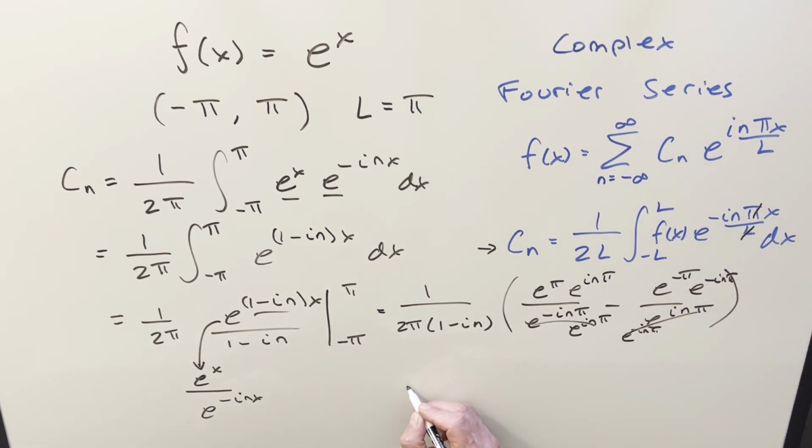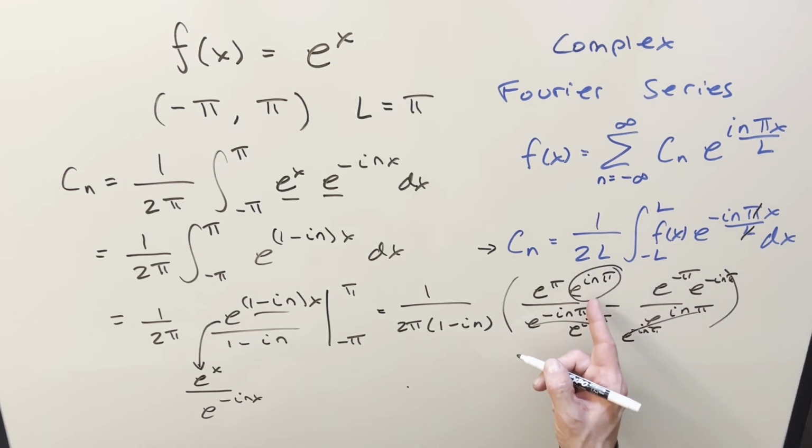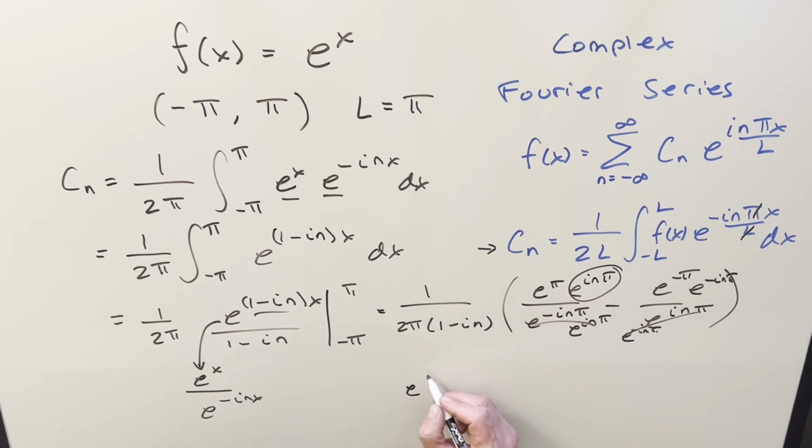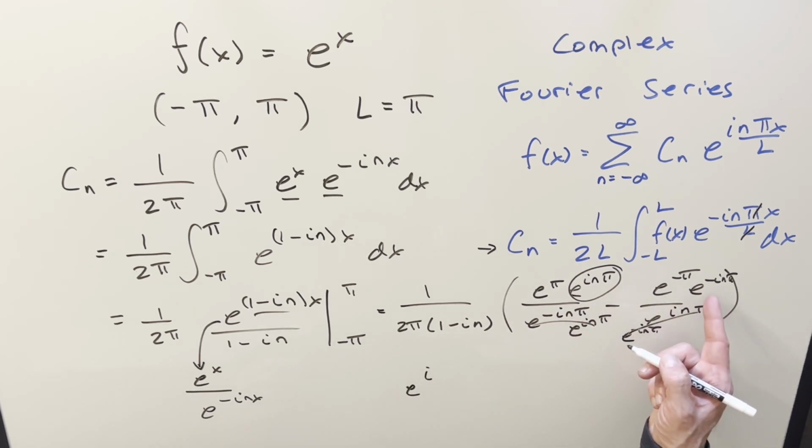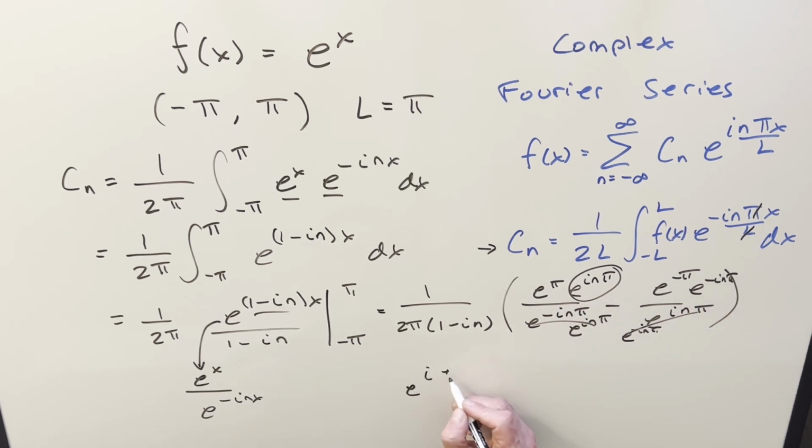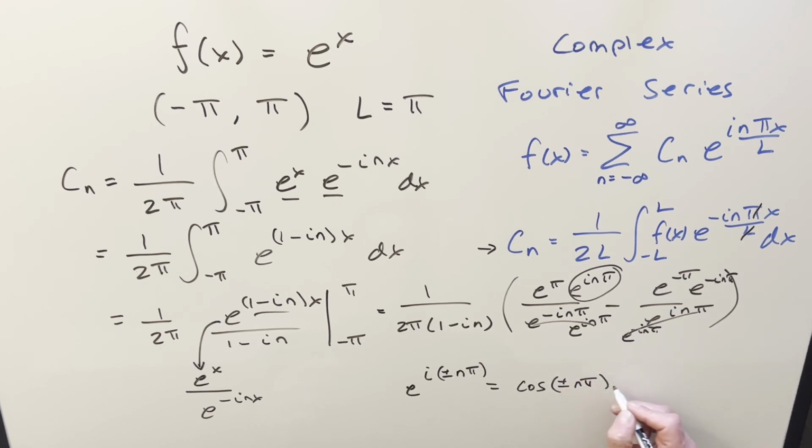But let's look at what happens for this term when we put this back into Euler's formula. We've got the positive and the negative, so let's say this is plus or minus n pi. Putting this back into Euler's formula, you get cosine of plus or minus n pi plus i sine of plus or minus n pi.